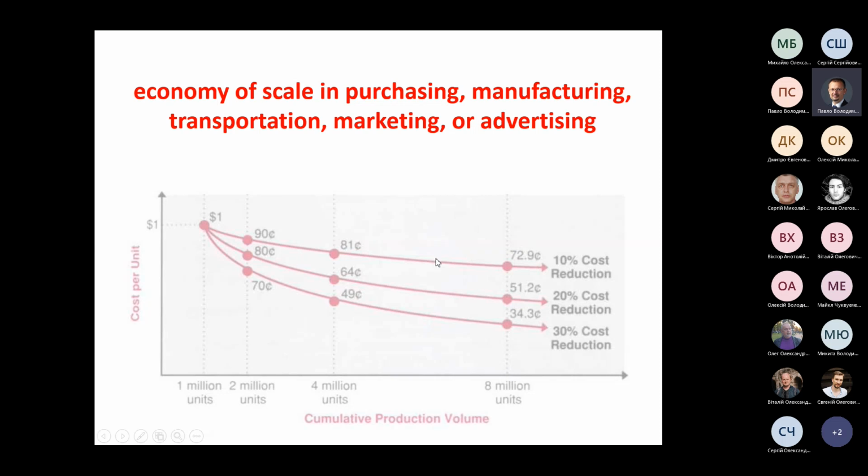In different industries, we have different shapes of these curves. So in some industries we have less economy of scale, and in other industries we can see big economies of scale.